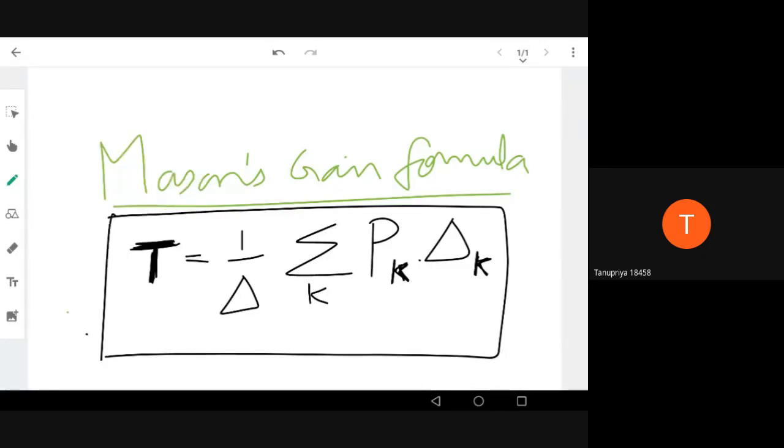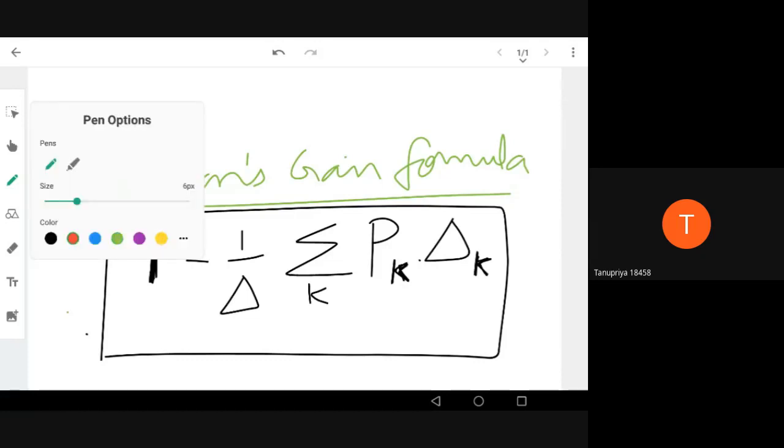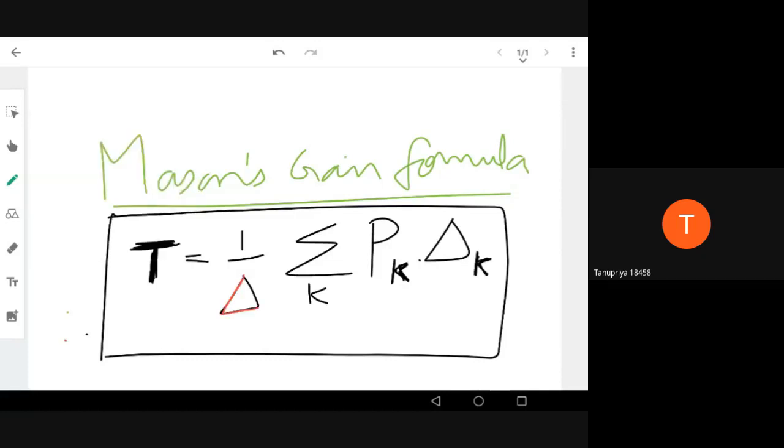A very important thing you should note, the most important thing here, is delta. We'll explain what delta is. Another delta is also there in the bracket, delta k. These are mathematical numerical values which we derive from the signal flow graph.